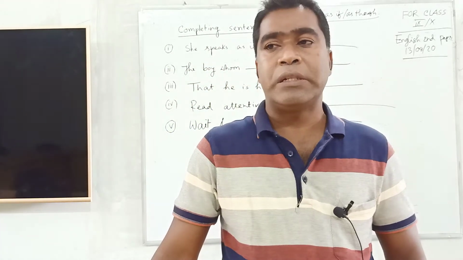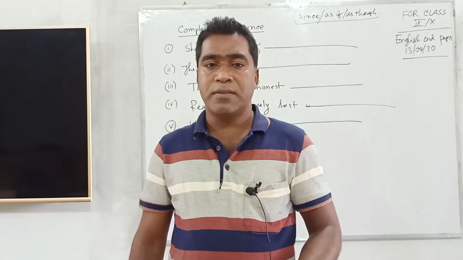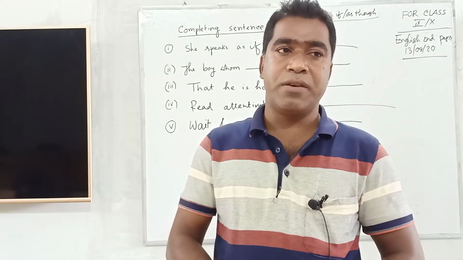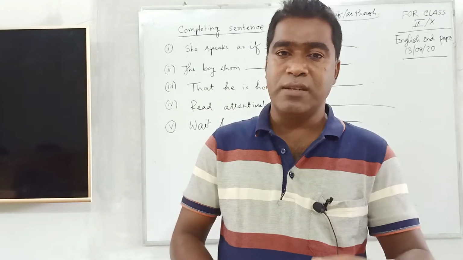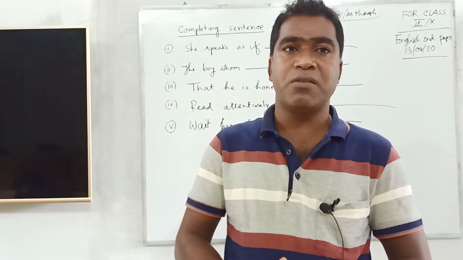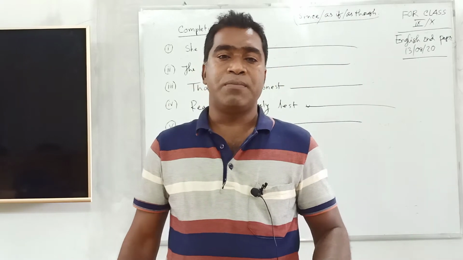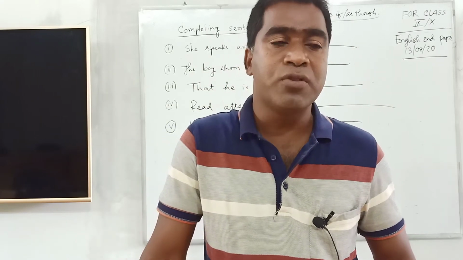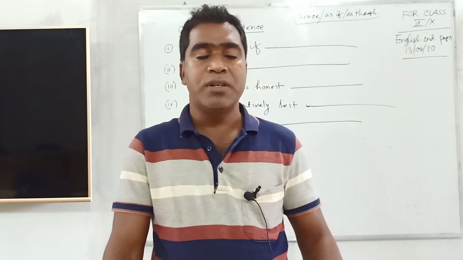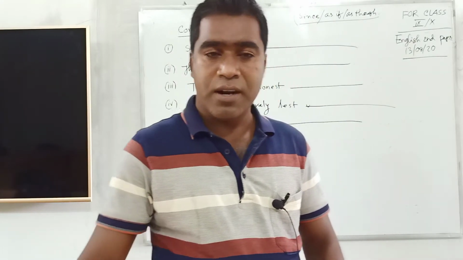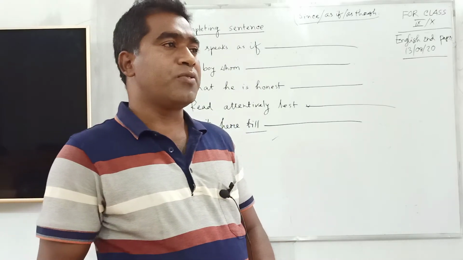The clause that is added with some conjunction is a subordinate clause, and the principal clause is one that might have no conjunction. Suppose I know that he is a good boy. That he is a good boy, this is a subordinate clause, and I know, this is the principal clause.